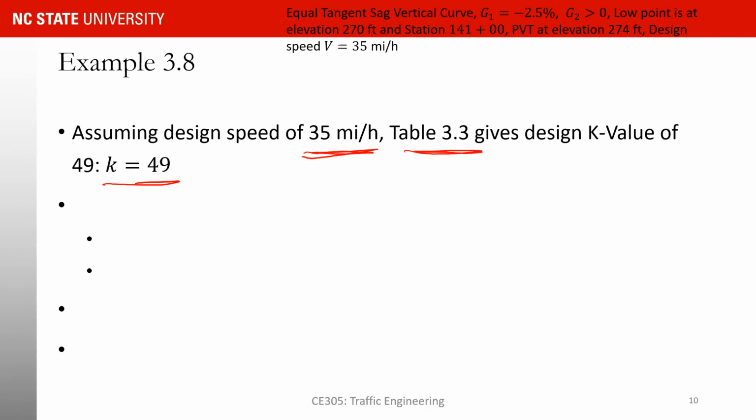Now, if you go back to probably the first or the second class that we had, you would remember that I introduced a hard way to find the location of the low or high point. You had to go through taking the first derivative of the formulation of the parabola and going through a lot of calculations.